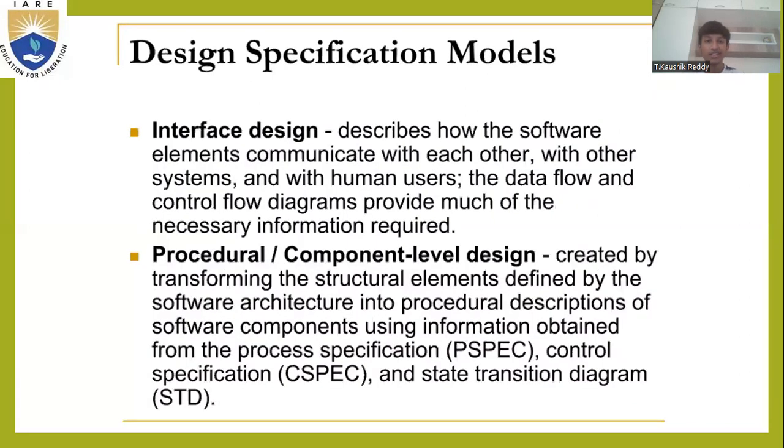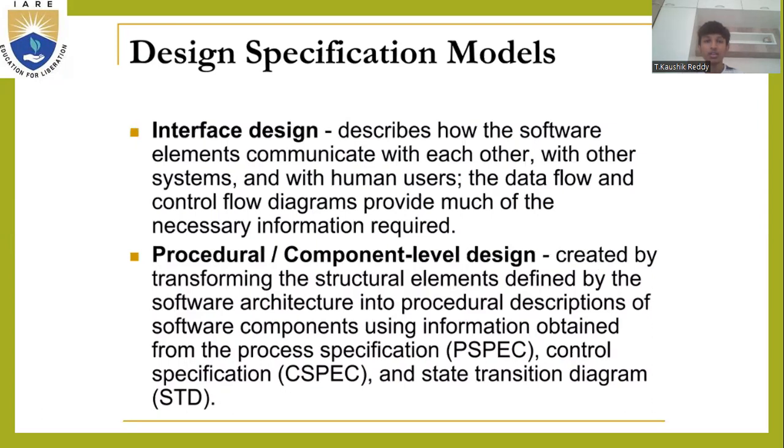Next, design specification models, interface design, and procedural component level design. First, let's learn about the interface design. It describes how the software elements communicate with each other, with other systems, and with human users. The data flow and the control flow diagrams provide much of the necessary information required.